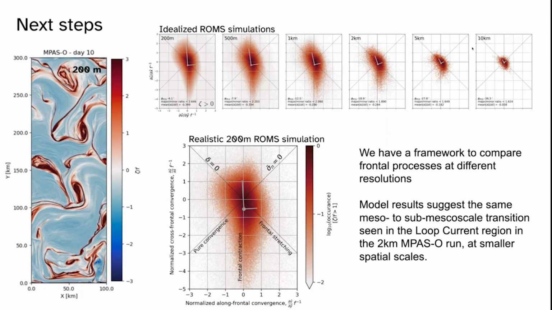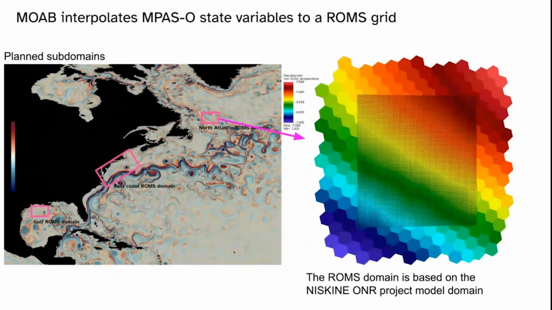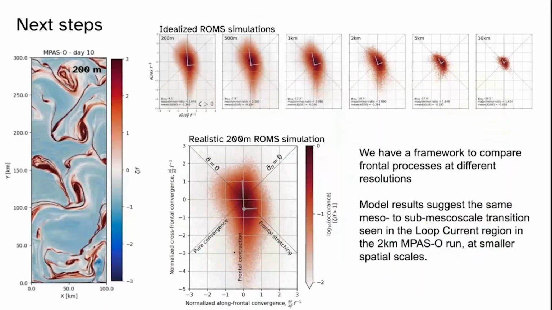And as you get more to submesoscale, you get much stronger vertical motions at the front. So this is a way we can quantitatively compare simulations across different resolutions in terms of these frontal processes.